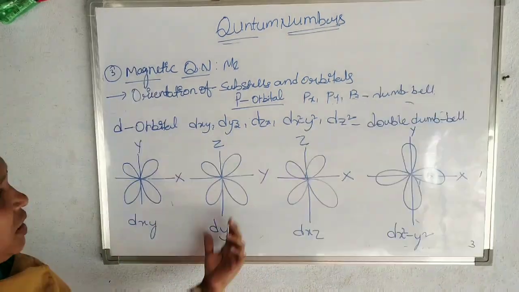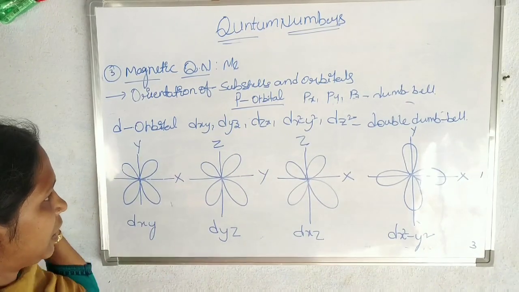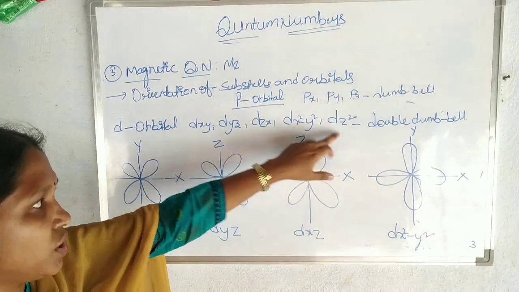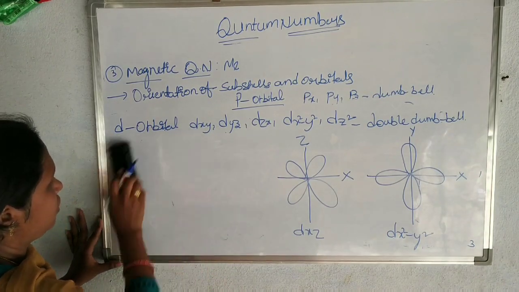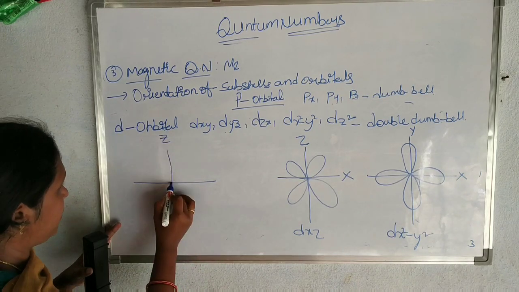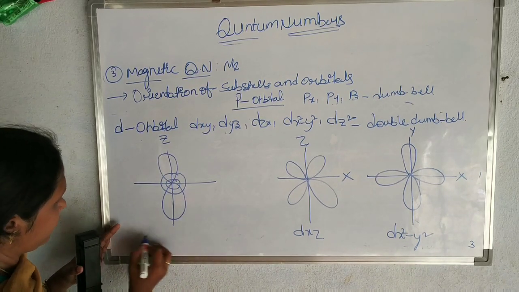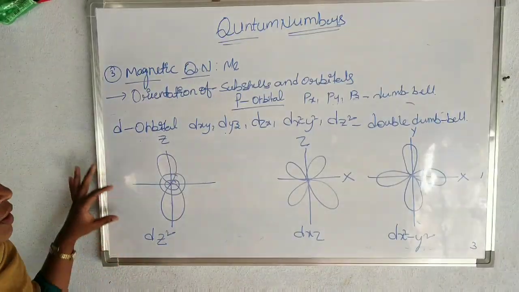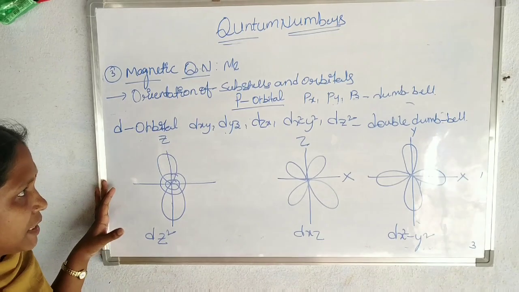And last, that is dz square. All the D orbitals have a double dumbbell shape, but dz square has a special shape, a baby snoozer shape, like a Z. This is about the magnetic quantum number and the orientation of the different orbitals.